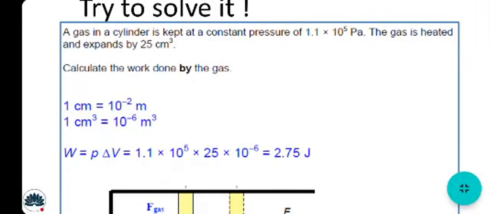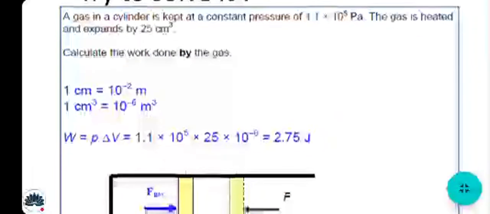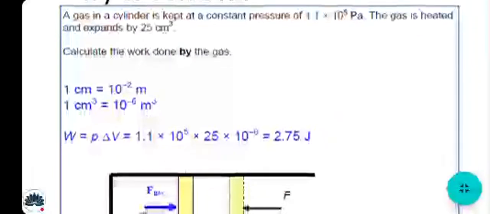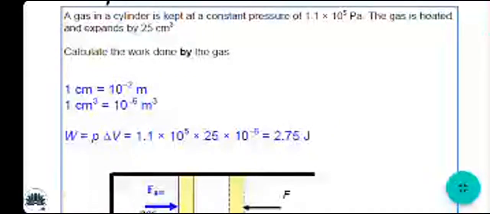After the conversion, we got the value of 25 × 10^-6, converting cm³ to m³ in the formula. The pressure remains the same, 1.1 × 10^5, and the answer is a positive 2.75 joules. It is positive, which means it is work done by the gas on the surroundings.